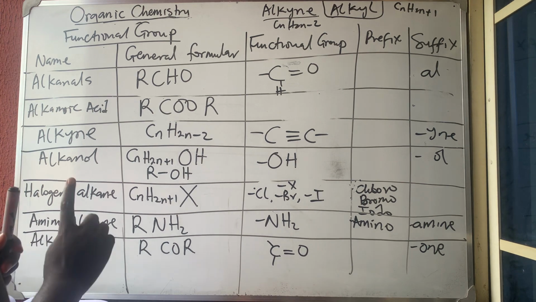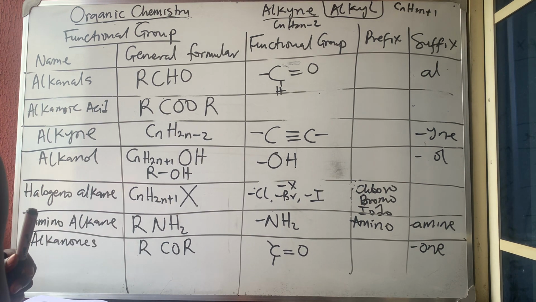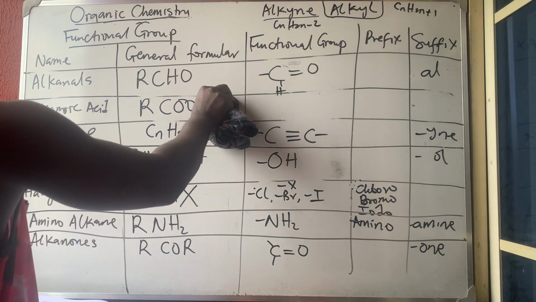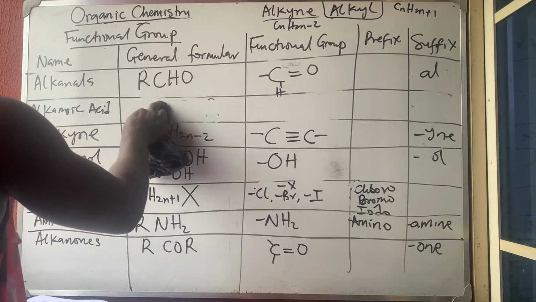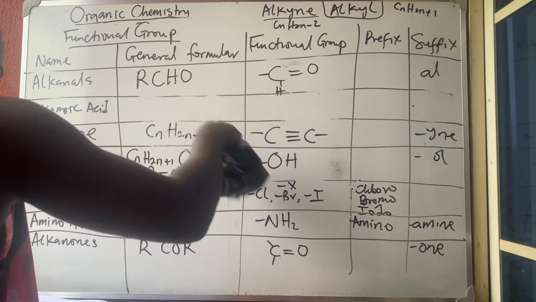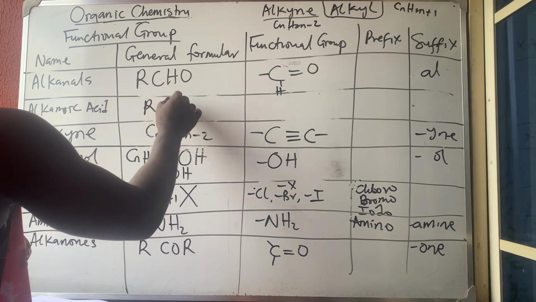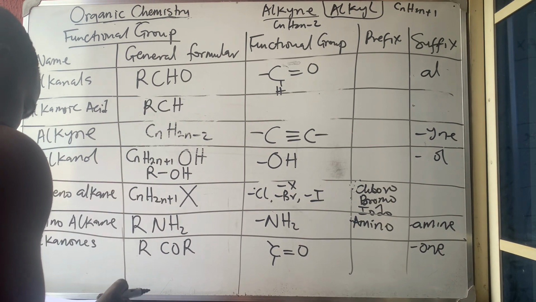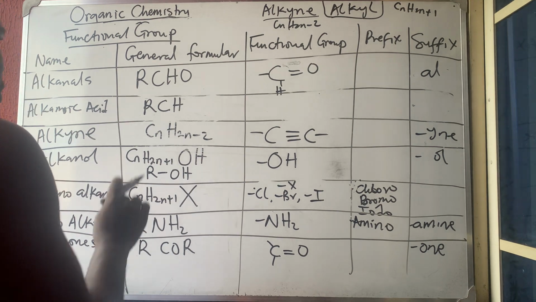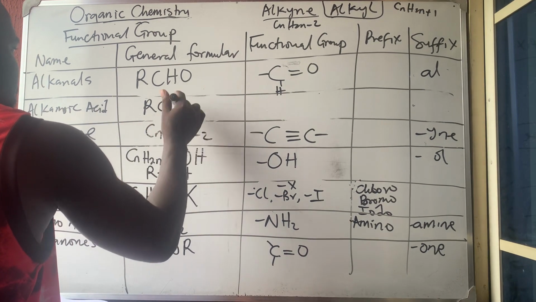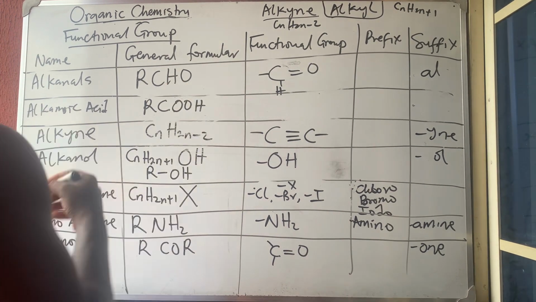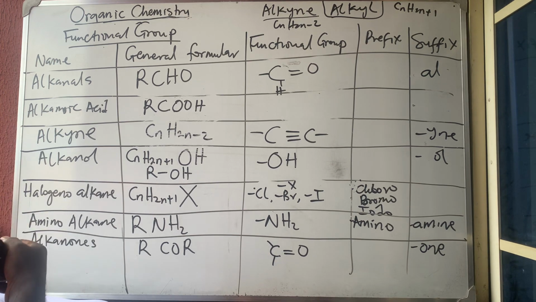Is that alkanoic acid? No, no. They are gotten from the alkanal, RCHO, to RCOOH. So RCOOH is the alkanoic acid.